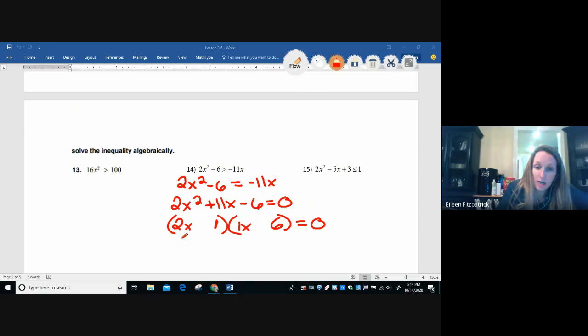Now, the way you guess and check is you check your outsides, that multiplies to 12x, and your insides, that multiplies to 1x. I need an 11x when I add those. Well, in order to get an 11x, the 1 has to be negative, and the 12 has to be positive, because a 12 minus a 1 gives you an 11, okay? So now I'm factored correctly.